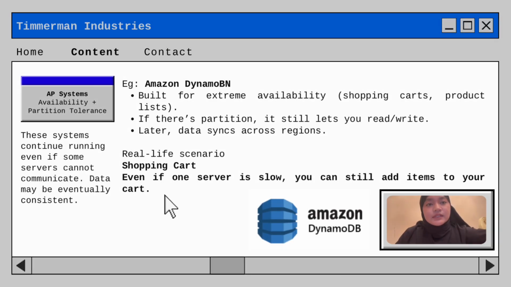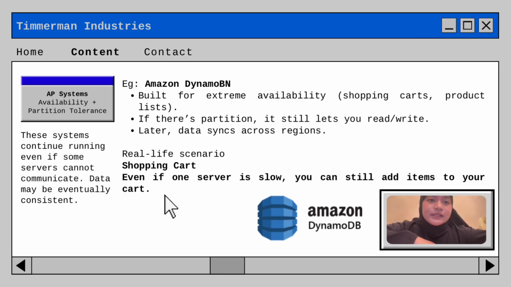Next is the AP system, which is availability plus partition tolerance. This system continues running even if some servers cannot communicate. Data may be eventually consistent. For example, we have Amazon DynamoDB. This database is built for extreme availability, for shopping carts, product lists, and others.